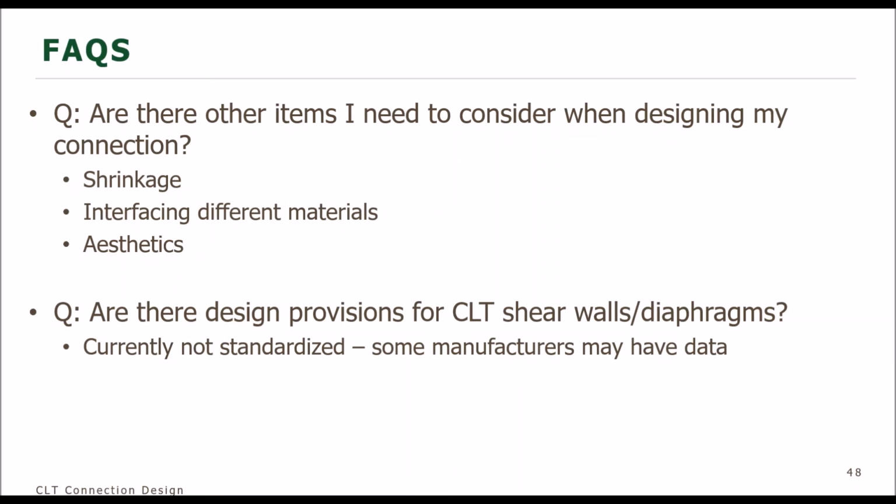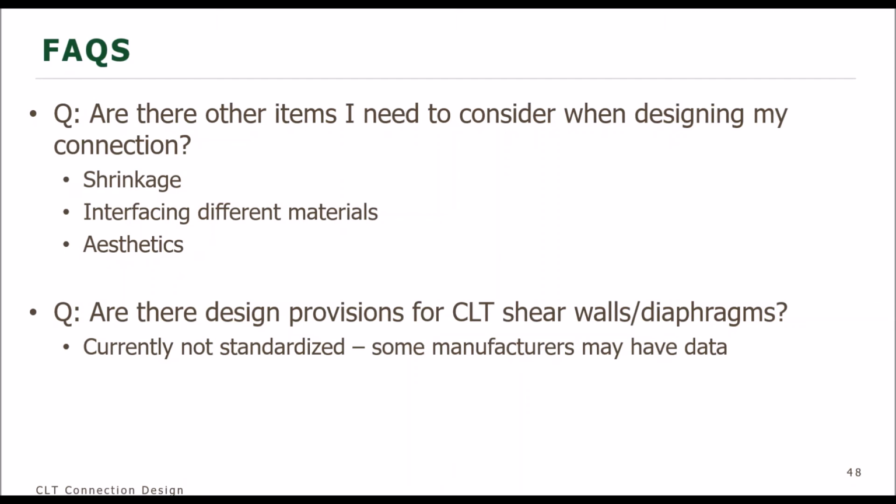Another question that we have been seeing a lot of lately: are there design provisions for CLT shear walls and CLT diaphragms? So the current answer is that it's currently not standardized. Some manufacturers might have data, but what is coming is the 2021 Special Design Provisions for Wind and Seismic, or you might hear me refer to it as SDPWS.